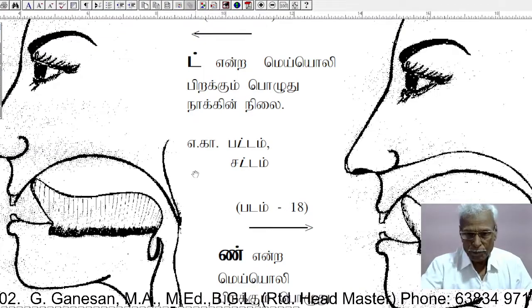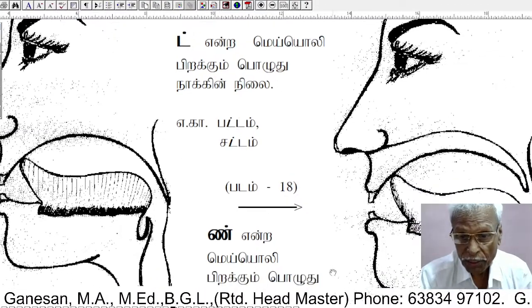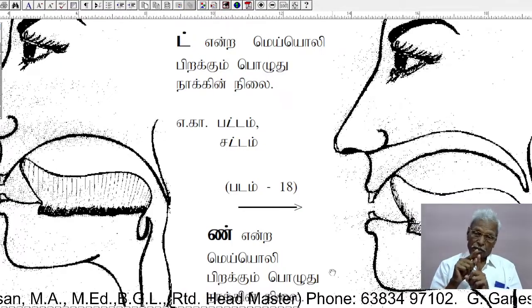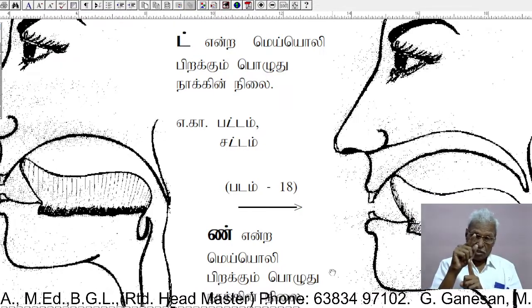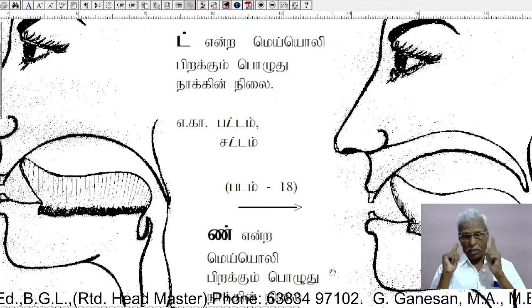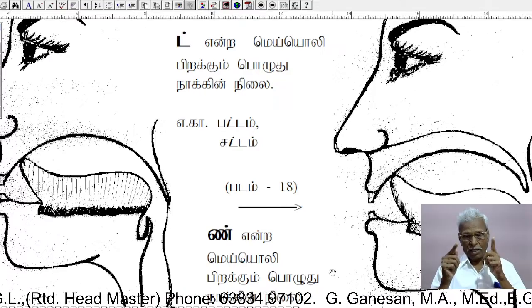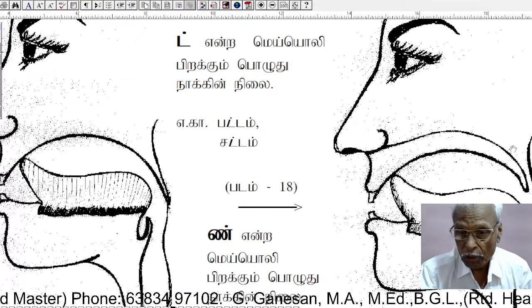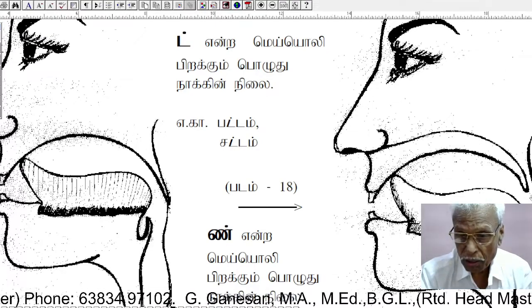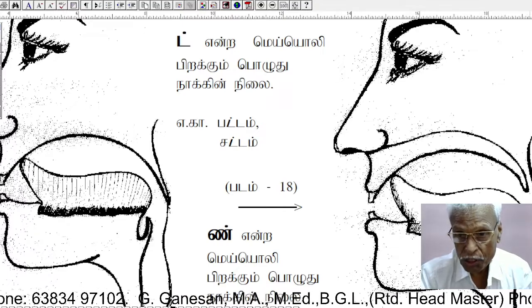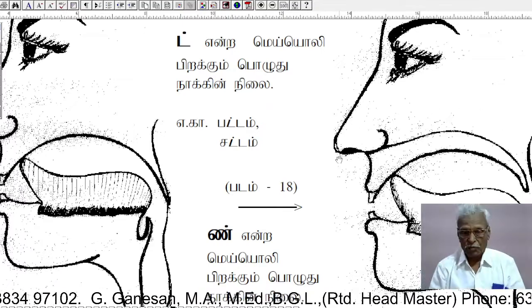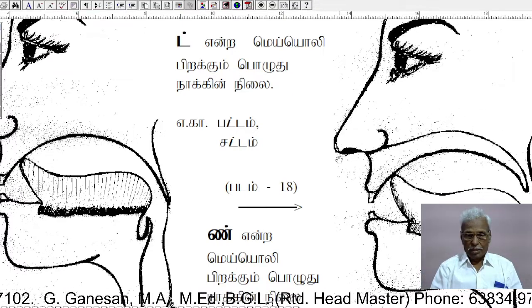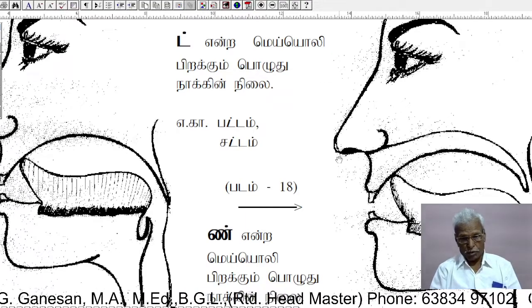That is, here, when the tip of the tongue is raised towards the hard palate and makes a tight contact and sends out the air through the nasal passage, that is through the nose, the sound in is produced.